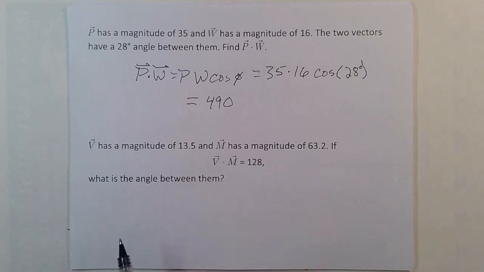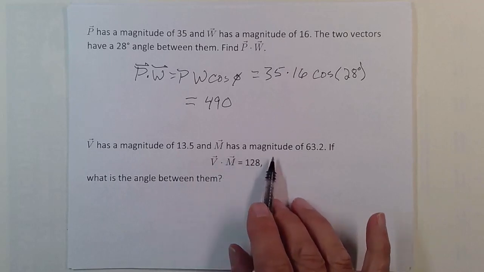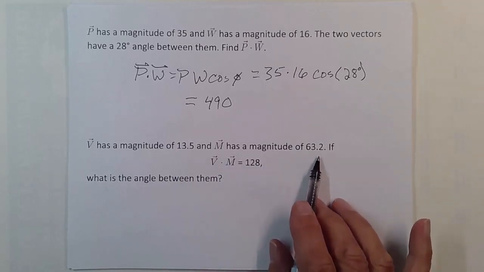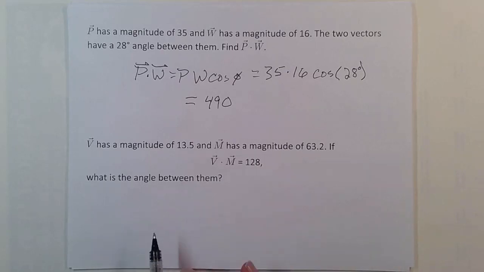Now, going a different direction, V has a magnitude of 13.5 and M has a magnitude of 63.2. If V dot M equals 128, what is the angle between them?